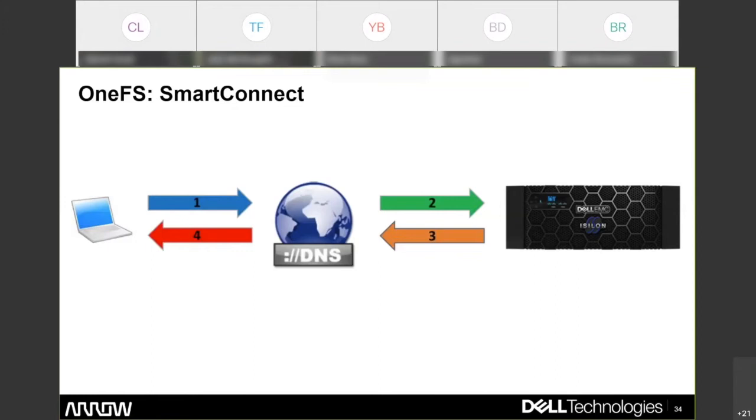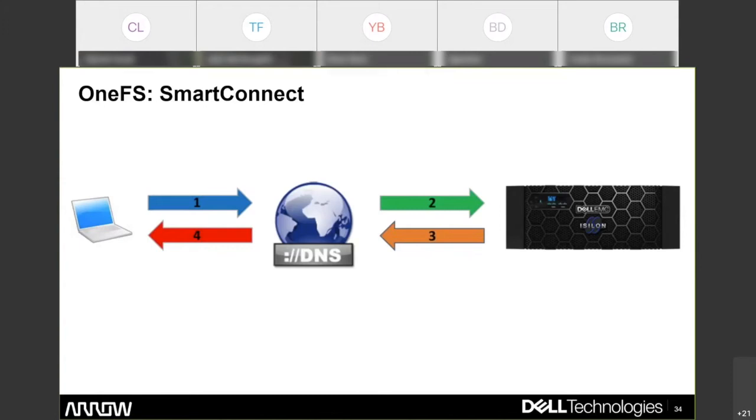So the way this works is in our first step, in the blue step, the client makes a DNS request for the Smart Connect zone name, so marketing.isilon.com, by sending a DNS request to the site DNS server. That site DNS server has a delegation record for that Smart Connect domain name.